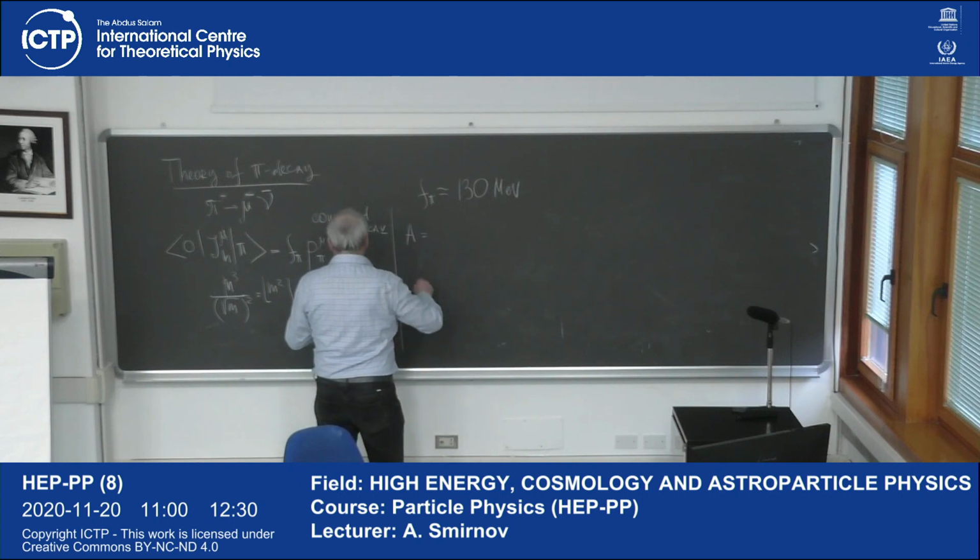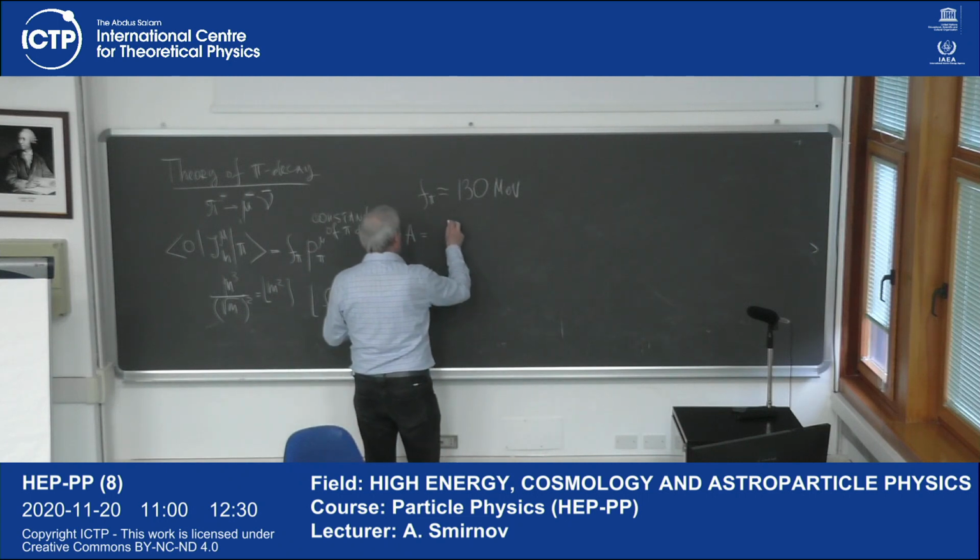So let me continue. The amplitude is G_F, so it's G_π over square root of 2, F_π.